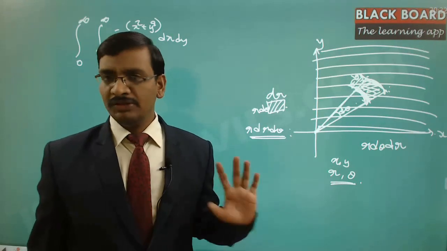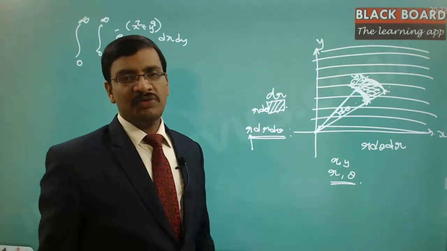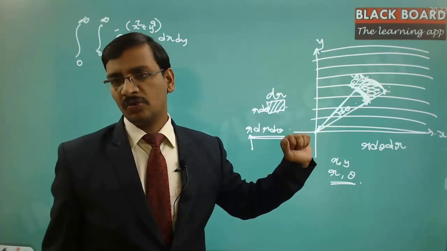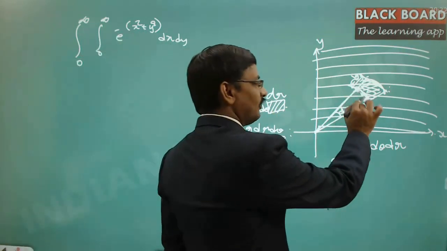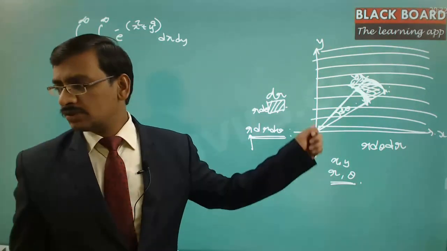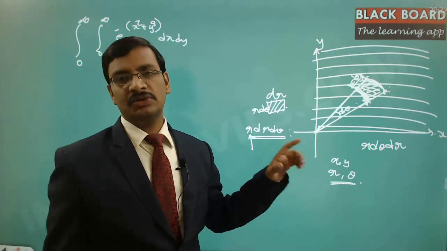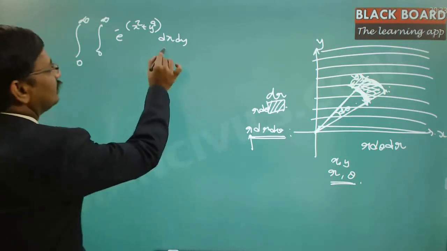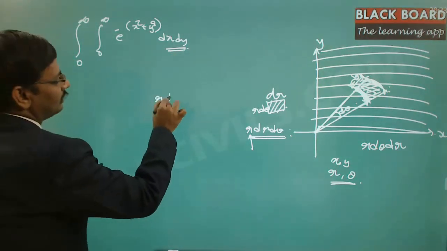In calculus I will explain the Jacobian, where we prove that the Jacobian value is r. But even without that knowledge, you can easily identify the elemental area in polar coordinates as the approximated rectangle with lengths r d theta and dr. Got it? This is true because dr and d theta approach 0 in calculus. So this dx dy can be replaced with r d theta dr.